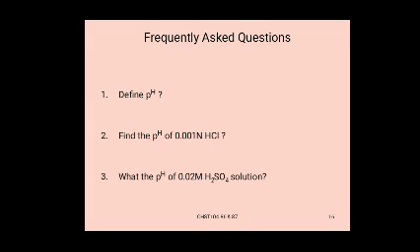Here the given solution concentration is in normality, so no change in conversion to normality, that is 10 to the power of minus 3. Then pH is equal to minus log 10 to the power of minus 3, that is equal to 3. Here the given solution is in molarity, then convert into normality, which is molarity into basicity, 0.02 into 2, that is equal to 0.04, 4 into 10 to the power of minus 2.